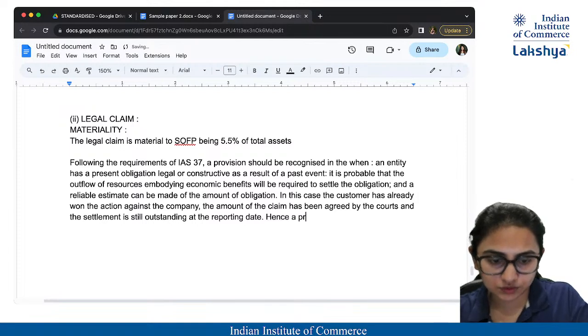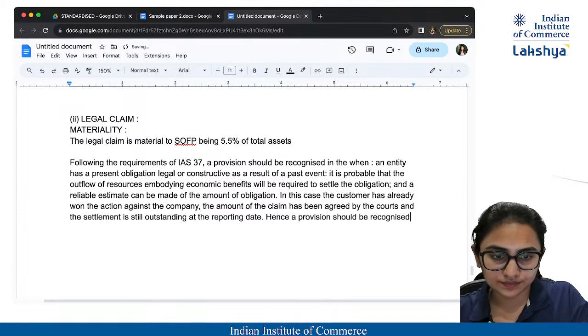Hence, a provision should be recognized.